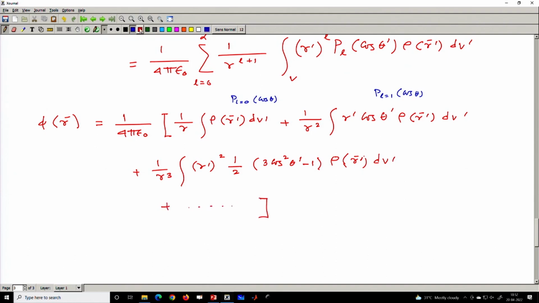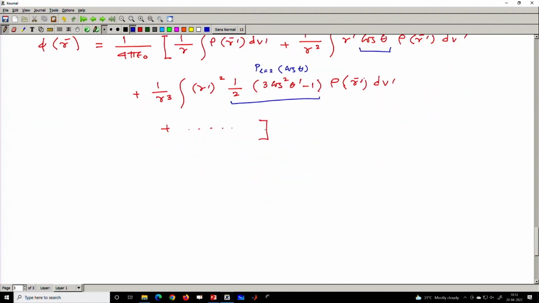Well, this term again is P_l equal to 2, cos theta argument. So, that value is this one from here to here. From here to here, this is this one, and this is 1. Okay.